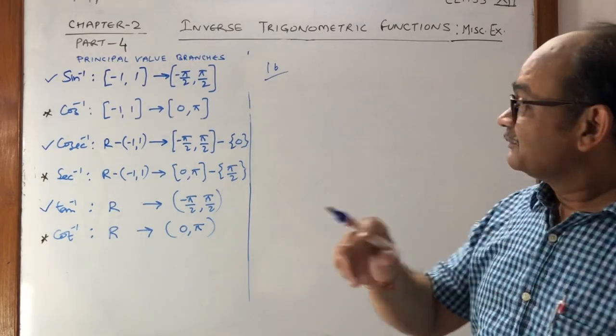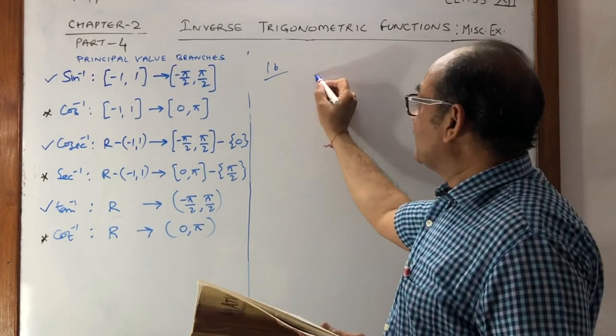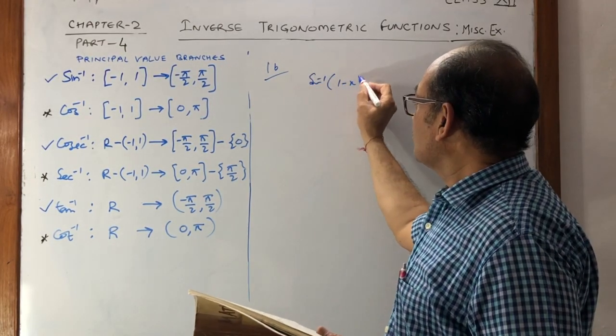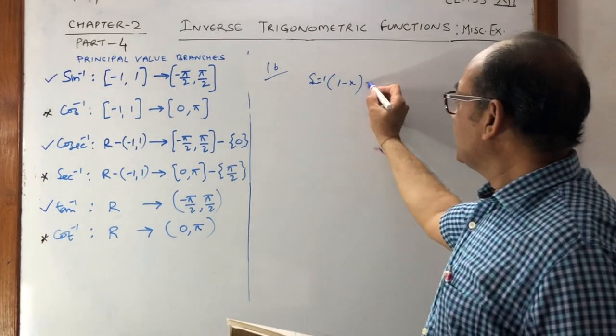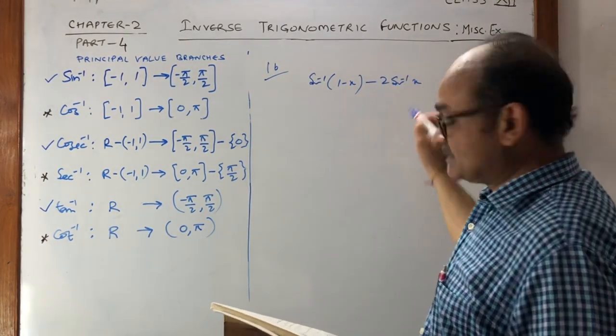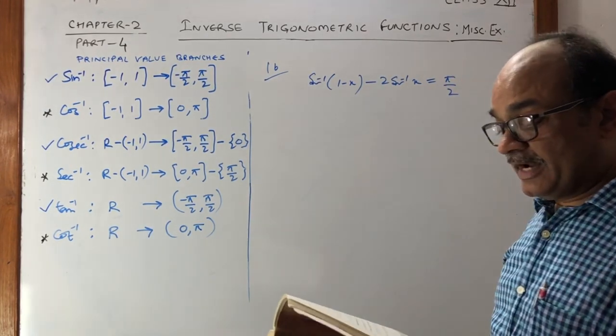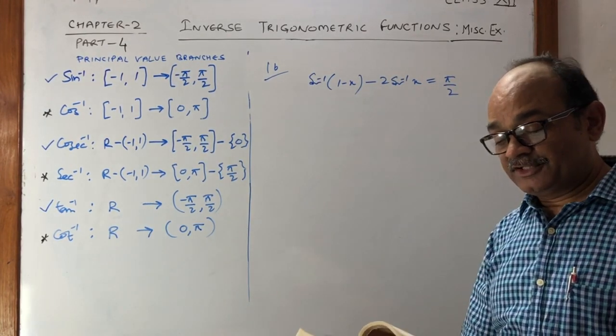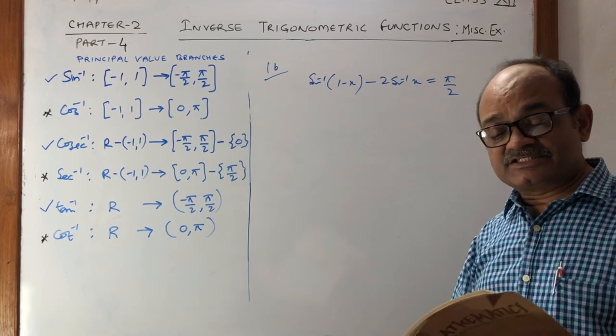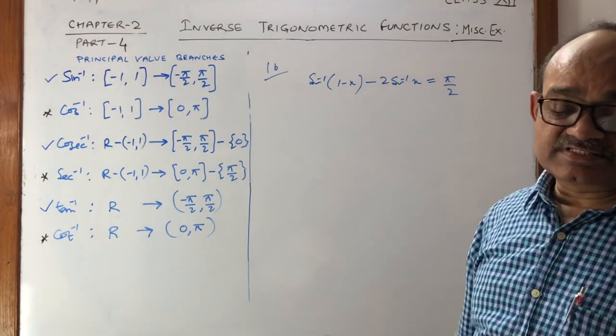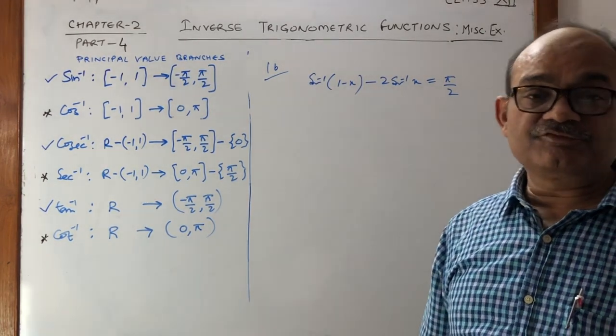Question number 16. Sine inverse 1 minus x minus 2 sine inverse x equals pi by 2. And we have 4 options given in your book. A is 0 and half, B is 1 and half, C is 0 and D is half.